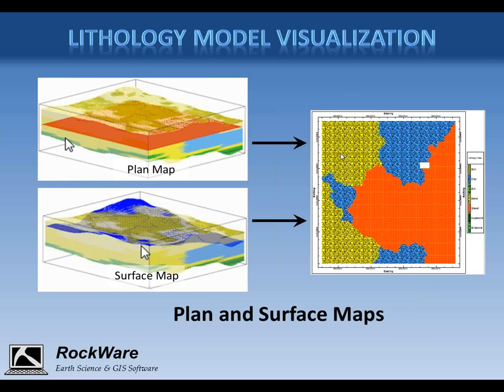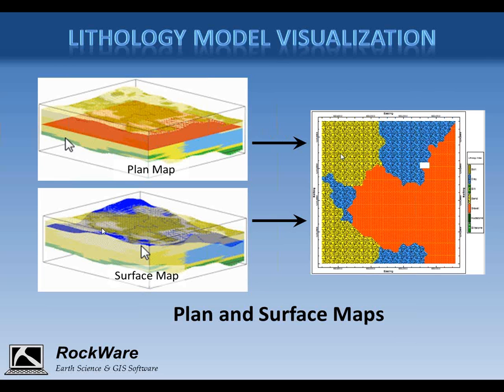Let's move on to another type of visualization for our lithology models. These are the plan maps and the surface maps. Both of them will produce a similar looking 2D map of the lithologies that are encountered. For the plan map, we're truncating or slicing through the model along this orange plane.